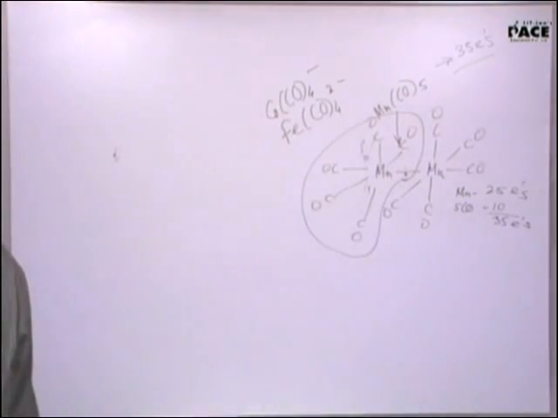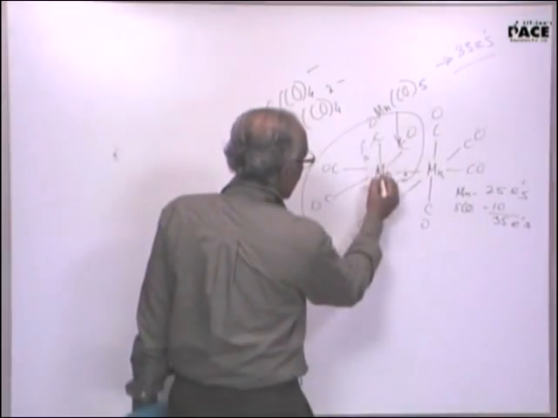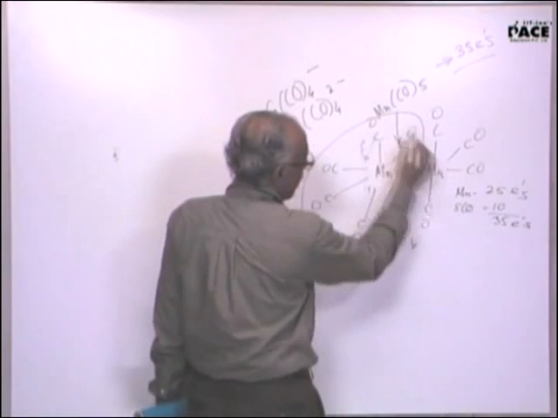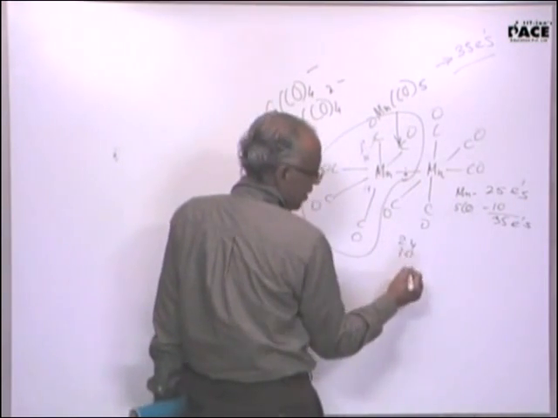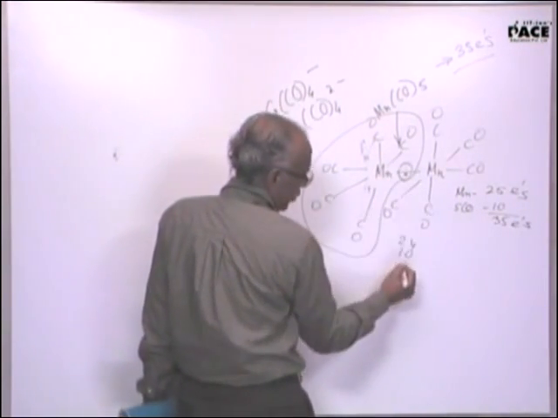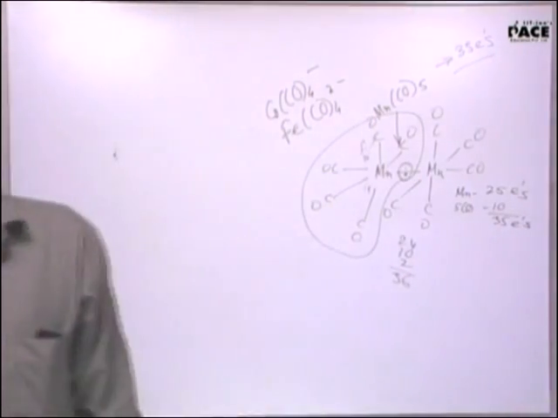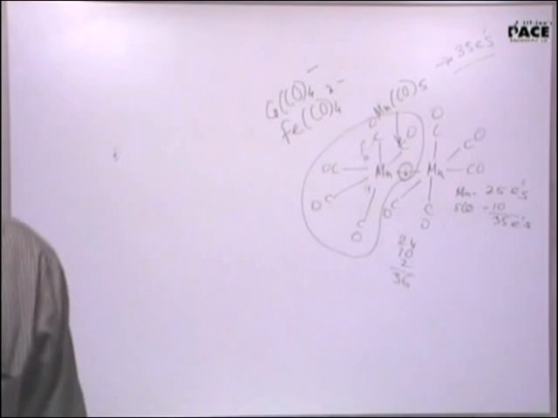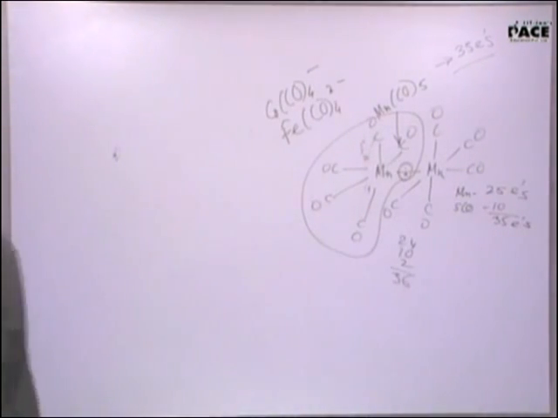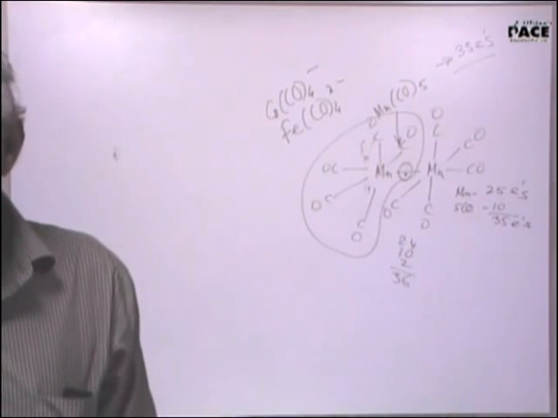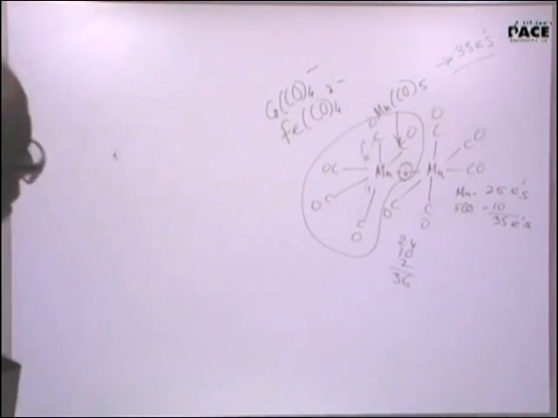So now manganese has 24 electrons, since it has given 1 electron, so remaining 24 plus 10 plus these 2 electrons. So it becomes 36. So by forming a metal-metal bond, the 1 electron loss can be regained. And as a result, it exists.